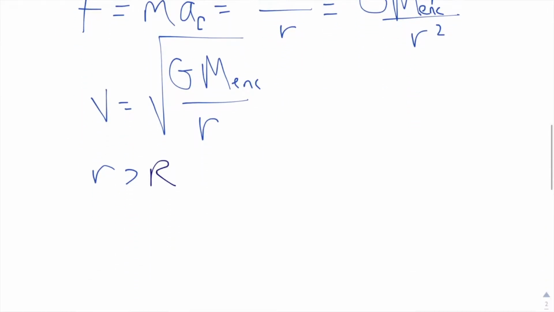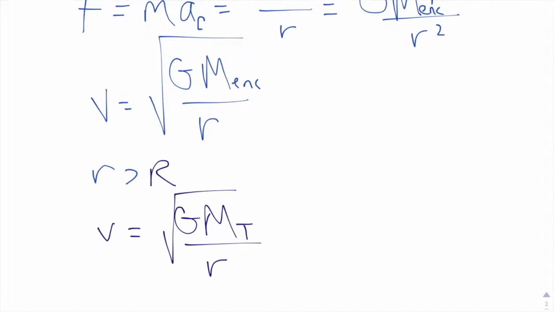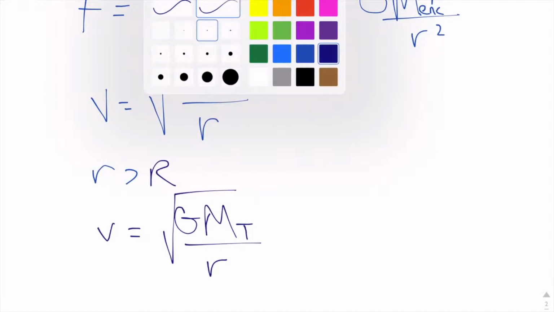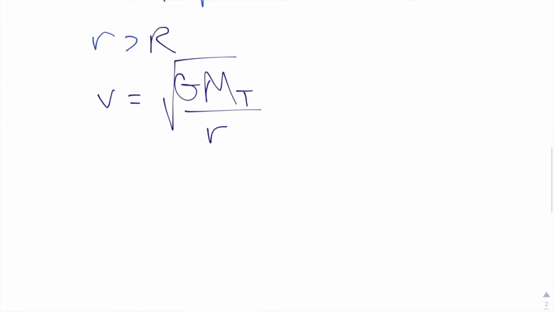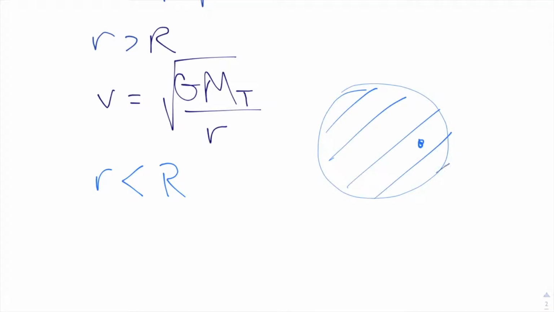So we have, for r bigger than big R, v equals the square root of G M total over r. However, when r is less than big R, so when our object is inside the mass distribution, it becomes slightly more complicated.